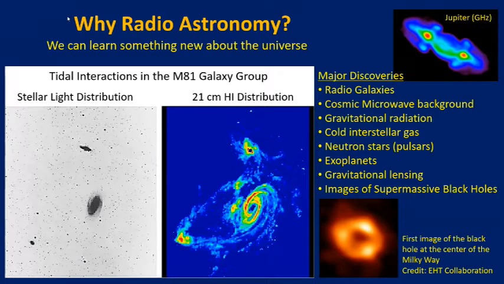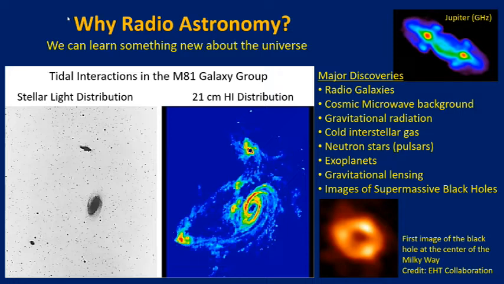And on the very right-hand side, you see some of the major discoveries in radio astronomy. The cosmic microwave background, of course, was a big one, and the mapping of the Milky Way galaxy and the detection of radio galaxies. The first detection of a neutron star as a pulsar was done with radio. You can discover exoplanets and see gravitational lensing of galaxies in radio.